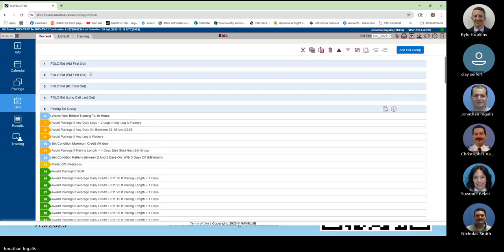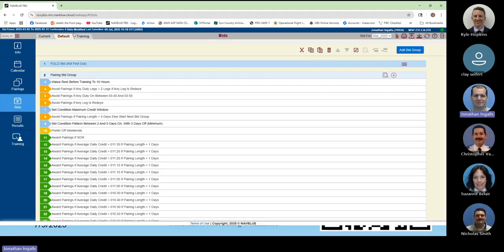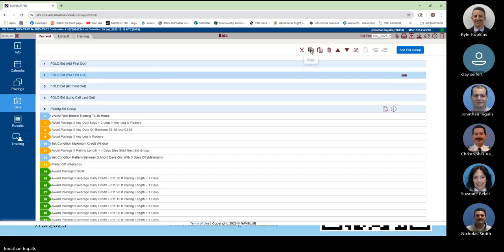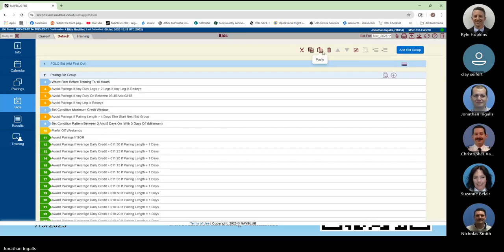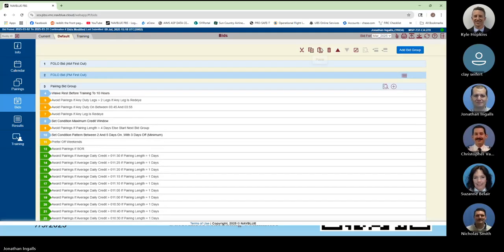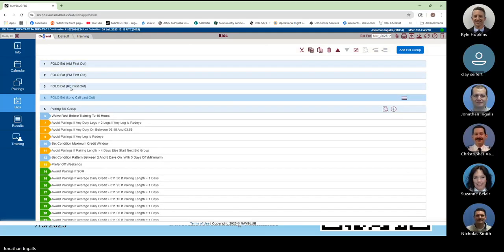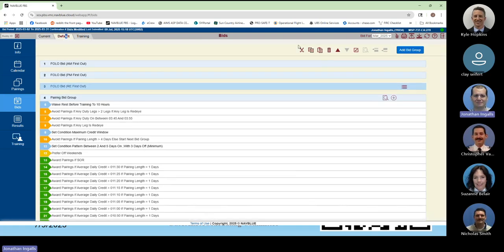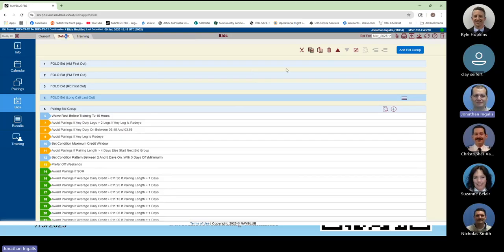Paste. Copy. Paste. Copy. Paste. Copy. Paste. Copy. Paste. Oops. Copy. Paste. And I've re-entered my current bid into my default bid.